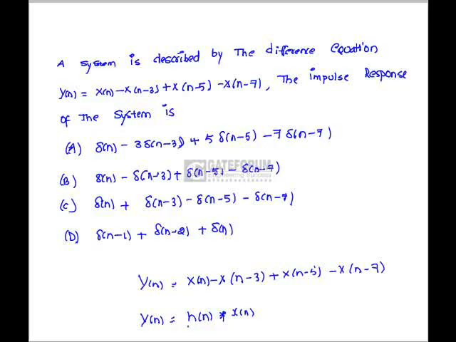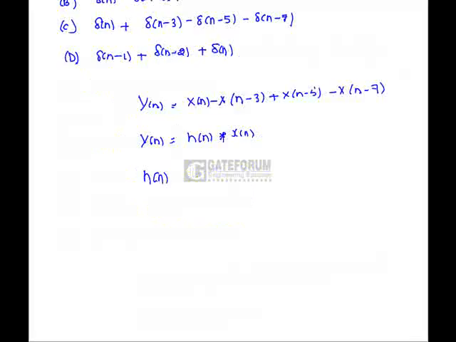So with the help of this property, h of n is nothing but delta of n minus delta of n minus 3 plus delta of n minus 5 minus delta of n minus 7. Hence option B is correct.